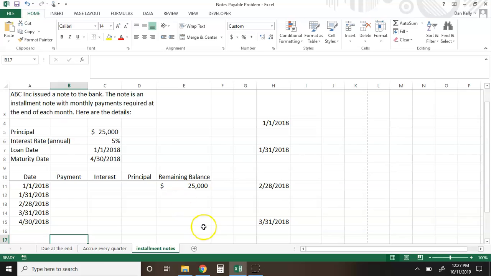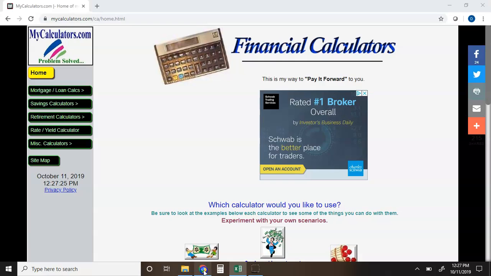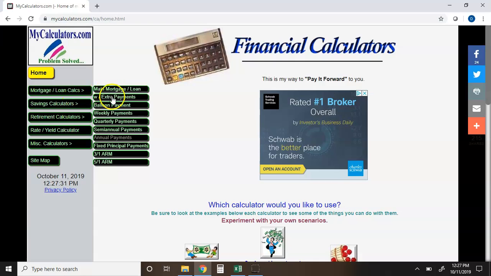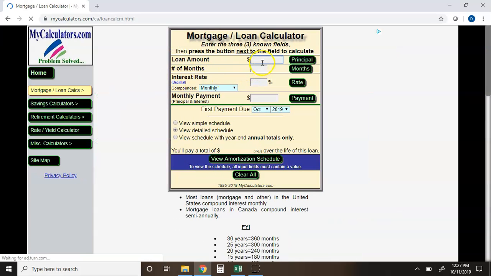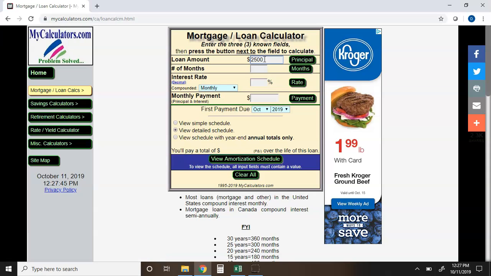We could use a loan calculator online. So if we go to mycalculators.com, they have a loan calculator, and we would just go to the main mortgage loan, because that would have monthly payments. The loan amount is $25,000.